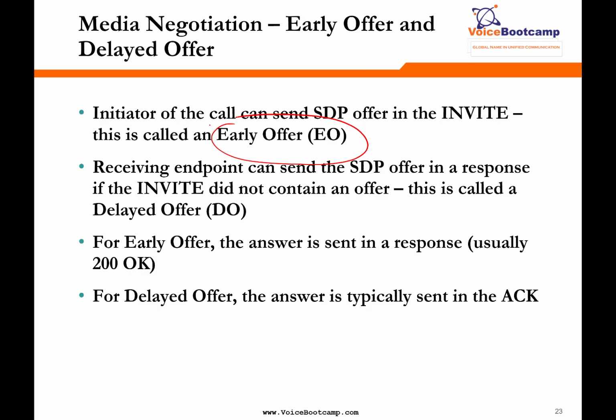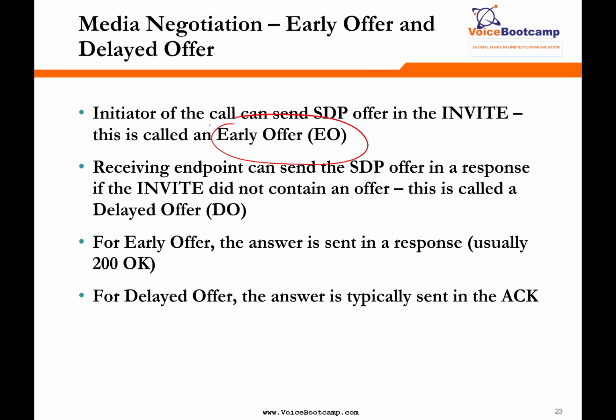The receiving end can send an SDP offer in response to the invite message if the SDP was not included initially. So for example, what does this mean? I call you, but I did not send you the SDP. I just simply send you an invite message.